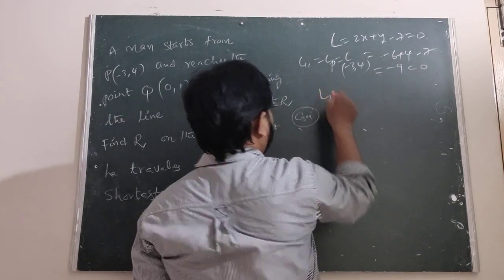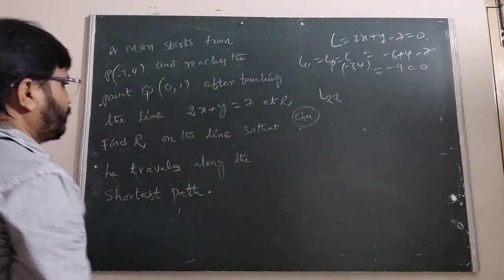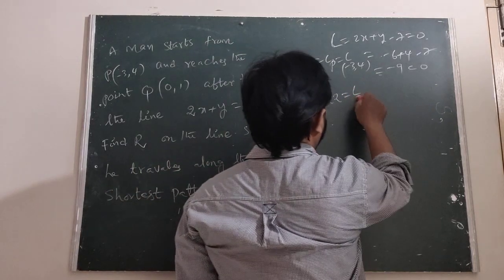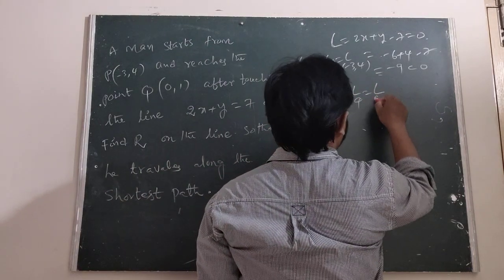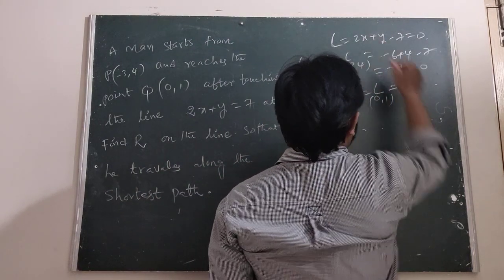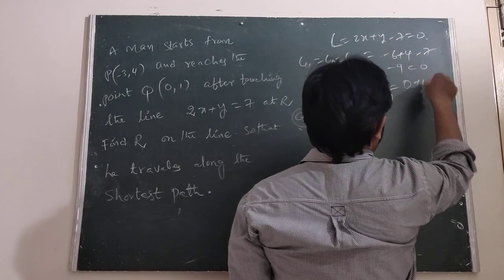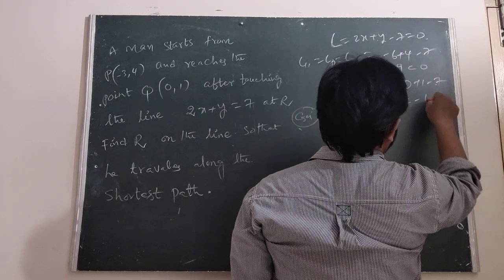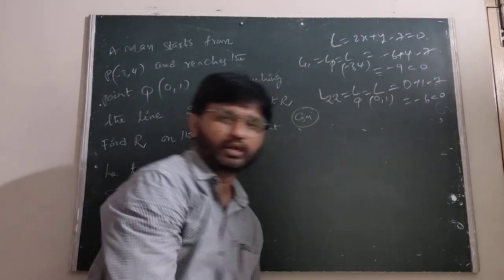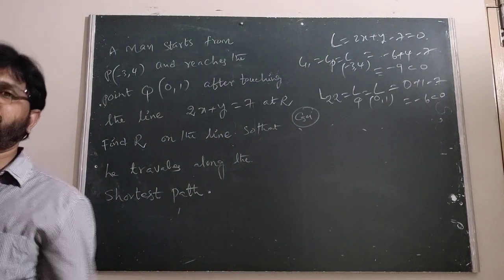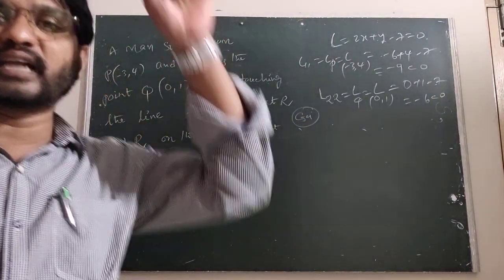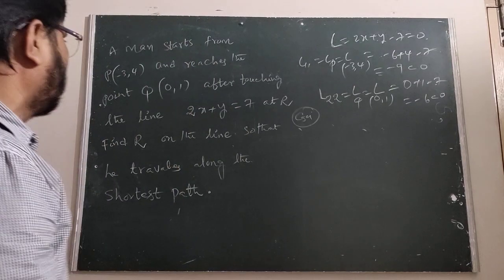Now we find the value of L22, that is LQ, where Q is 0, 1. That is 0 plus 1 minus 7, which is minus 6. This is also less than 0. So the two given points are on the same side of the line.